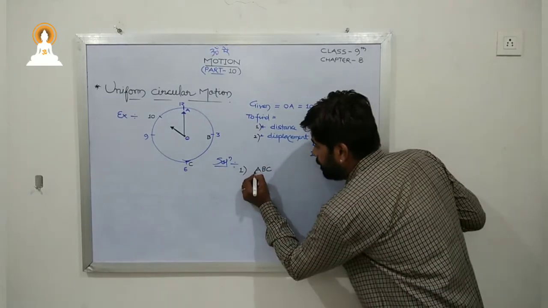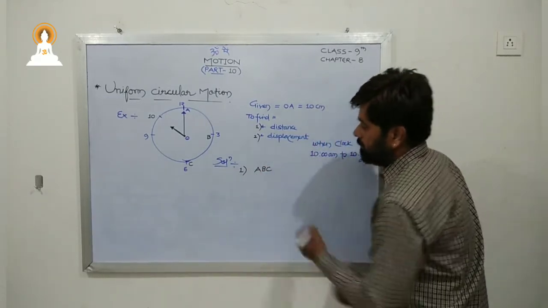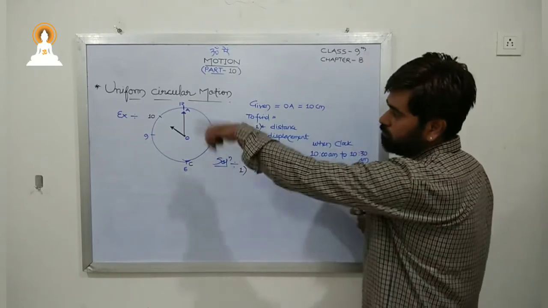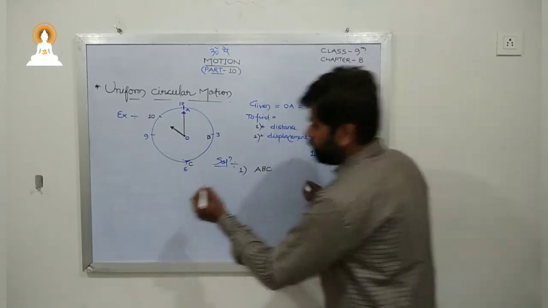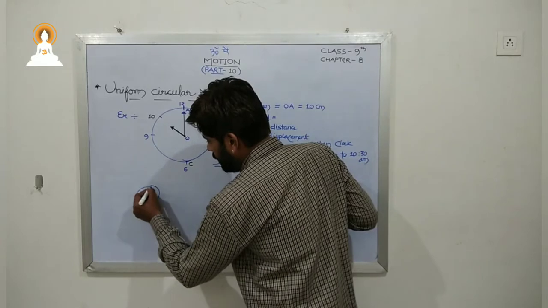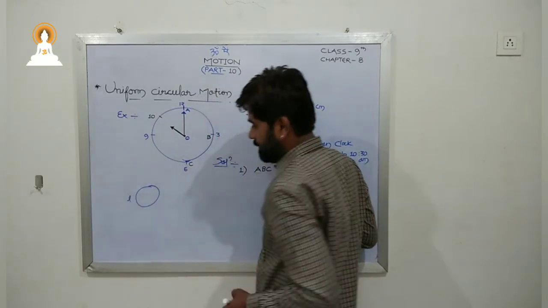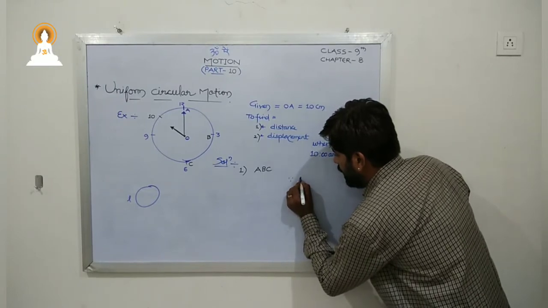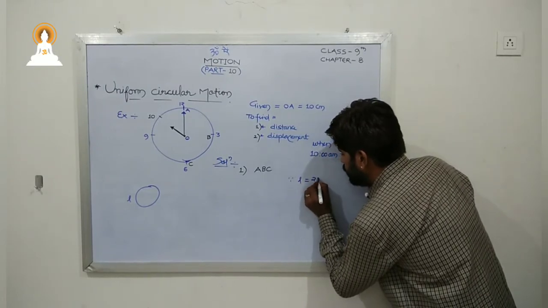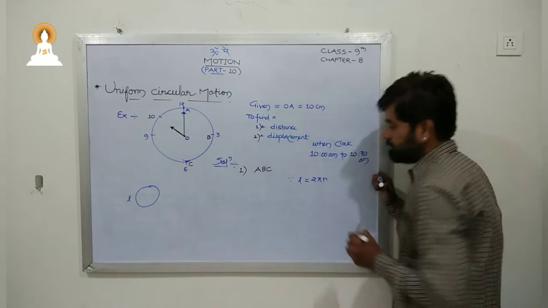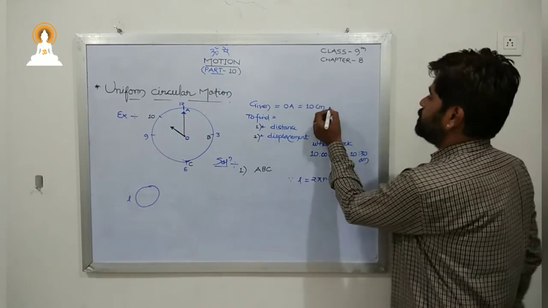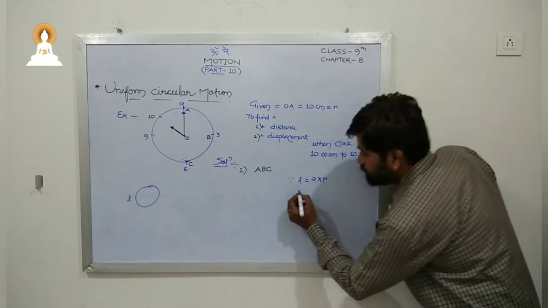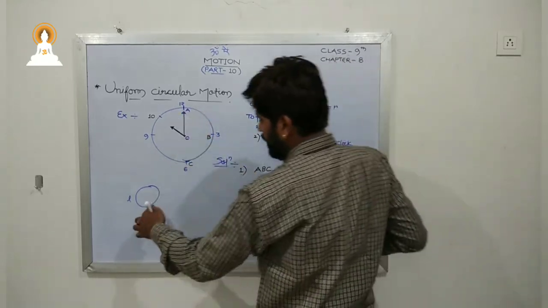Now ABC, how to find this? We know that the total when we move from 12 to 12 was L, and L was 2 pi r. This was our r. Here this is half.